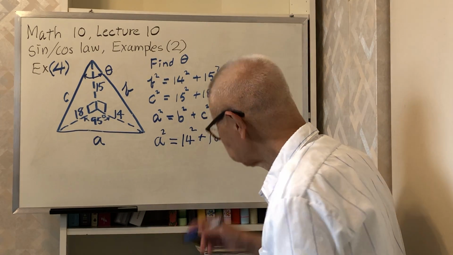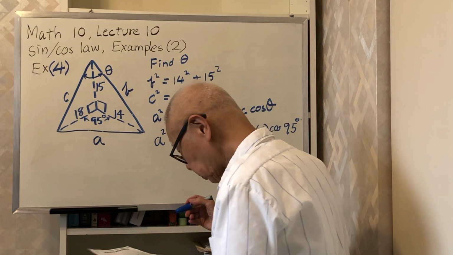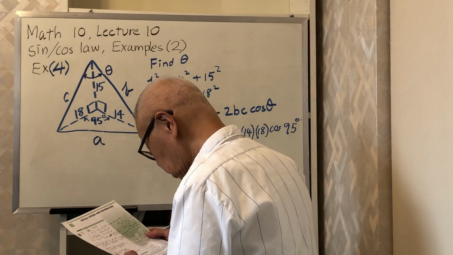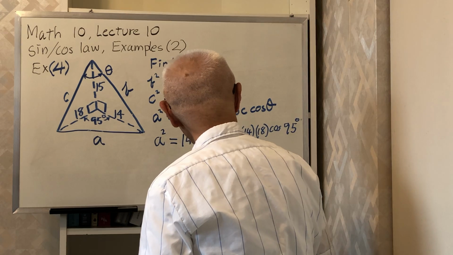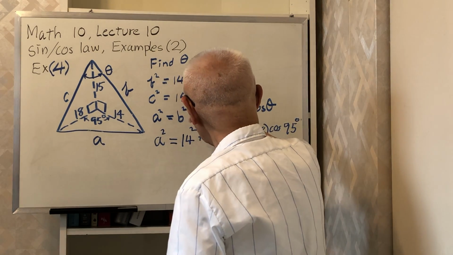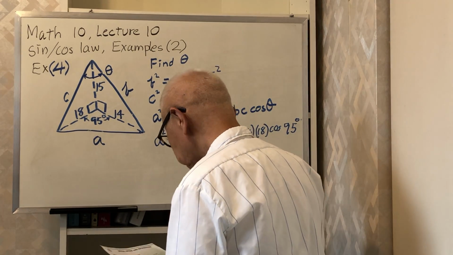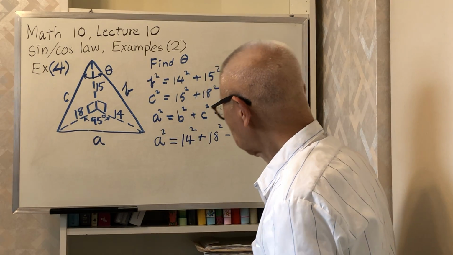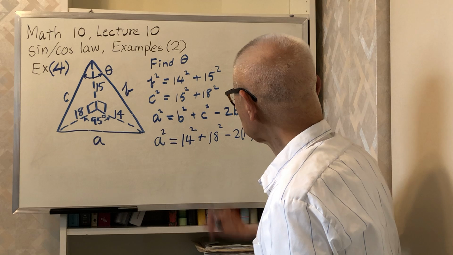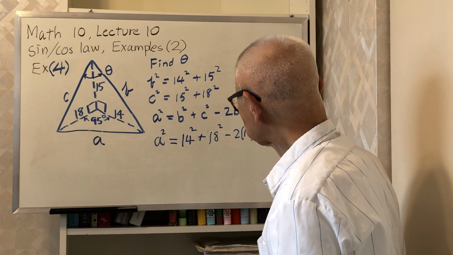Okay? Now, you can express cosine theta using all the given numbers and do this in one step. I don't have enough space here now.